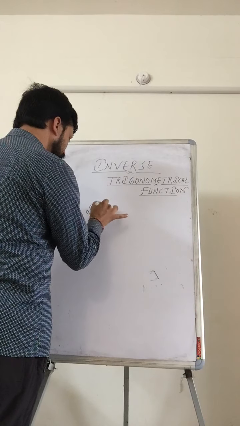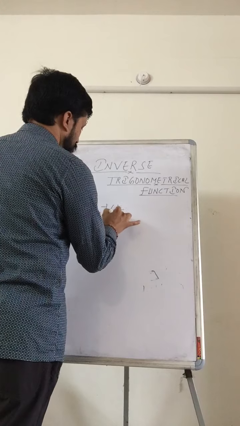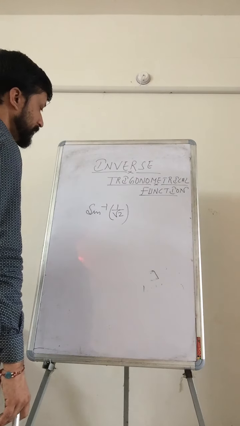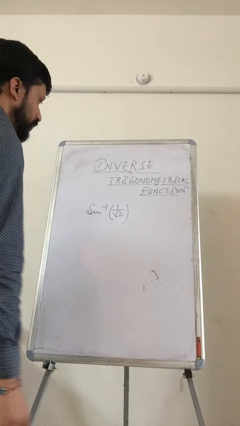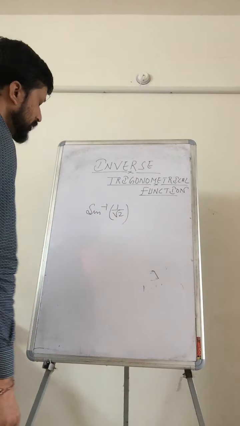Find the value of sine inverse of 1 by under root 2. If you are asked to find the principal value of this, like this question, what will you do?